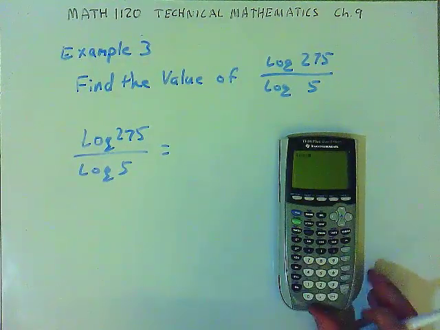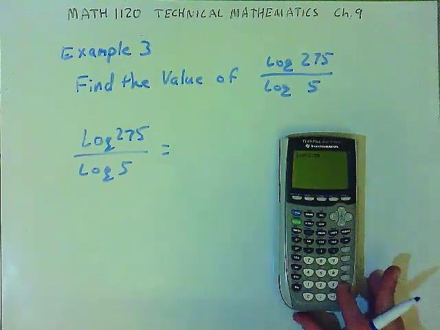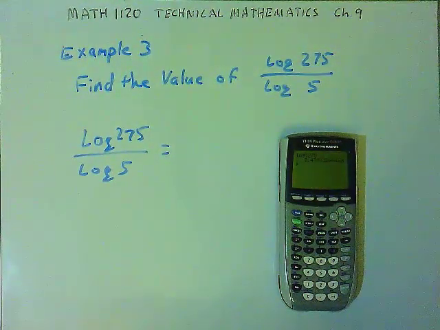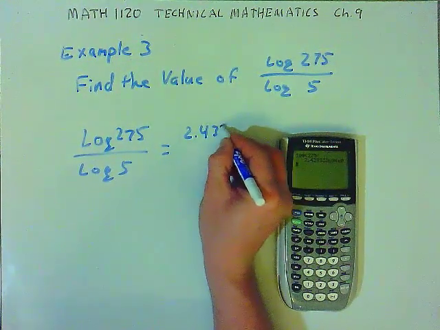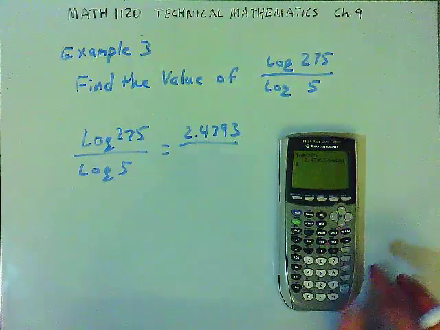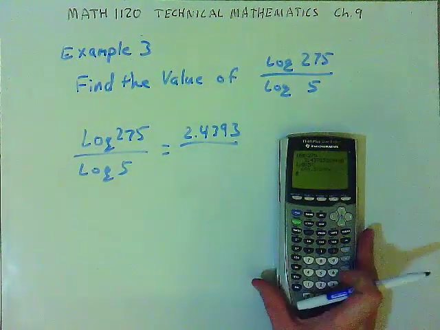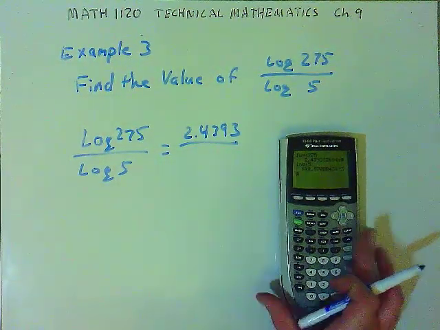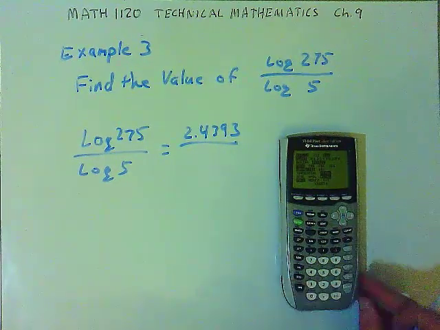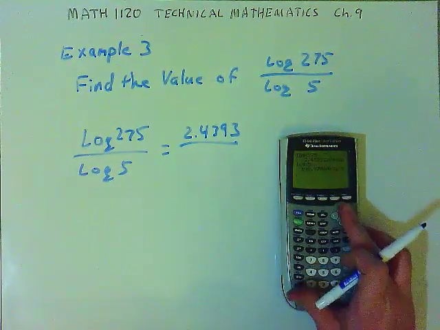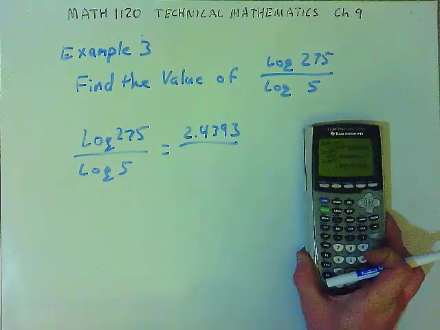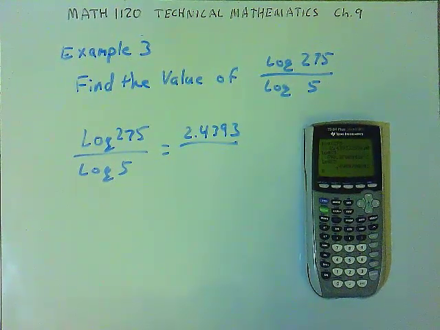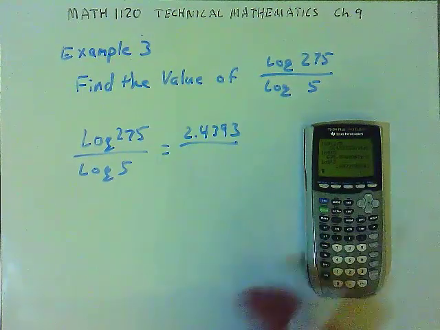The log of 275 is 2.4393, and the log of 5 is 0.6990 because I'm rounding.